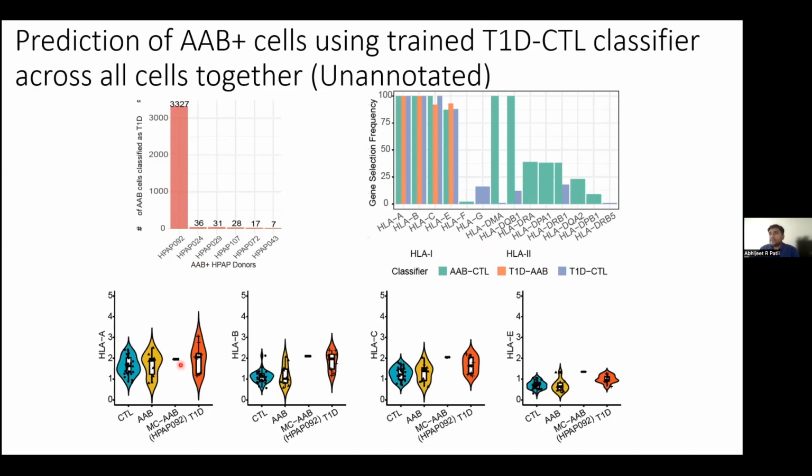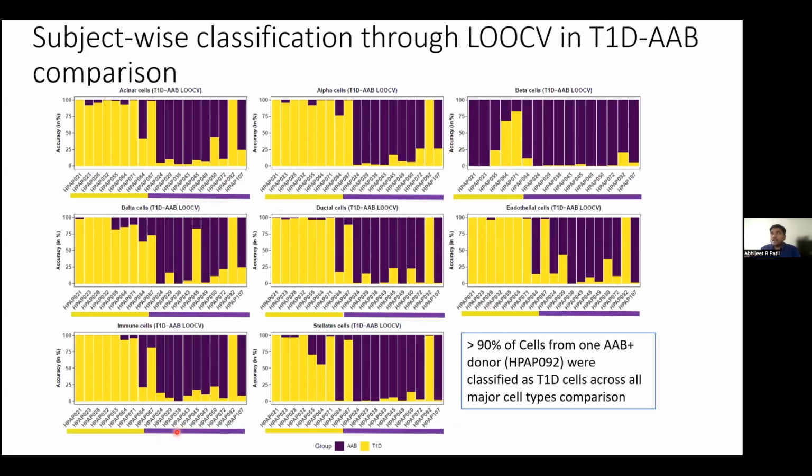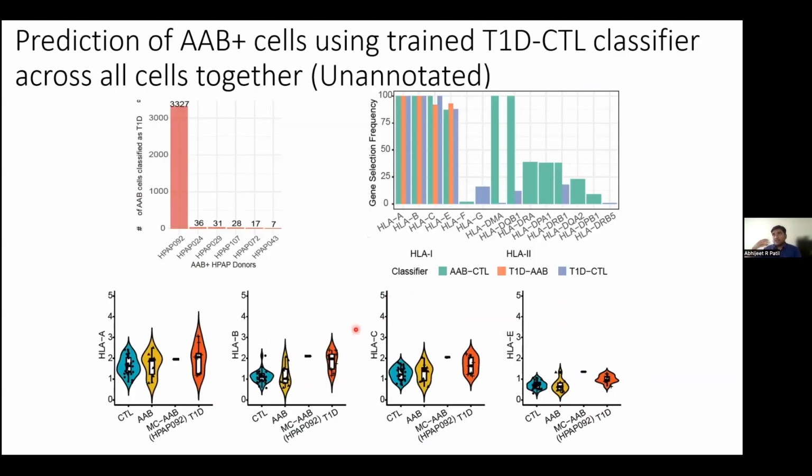So we wanted to compare the transcription signatures in this group versus the type 1D for all the MHC class 1 proteins, and we found that the mean expression of these two groups was almost similar or higher in this particular donor. This is all based on type 1D as a training and autoantibody positive as a testing group.